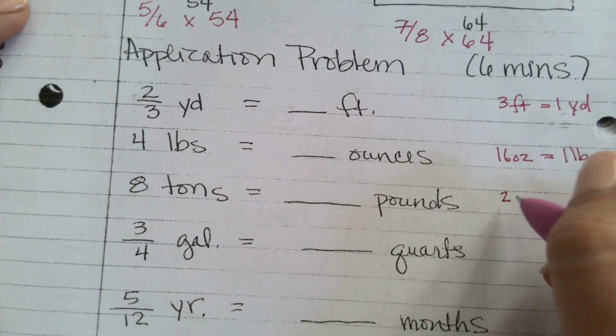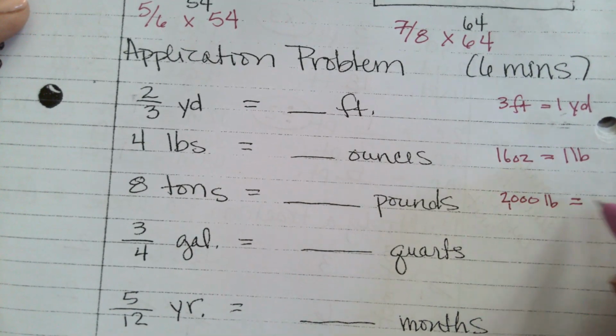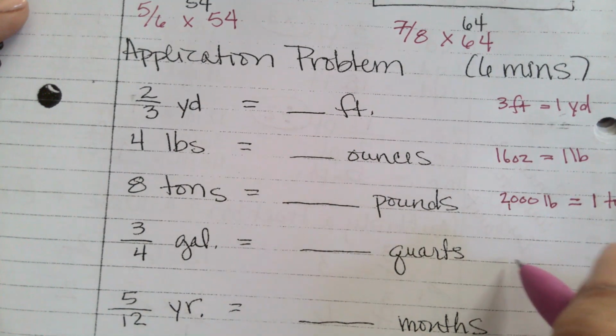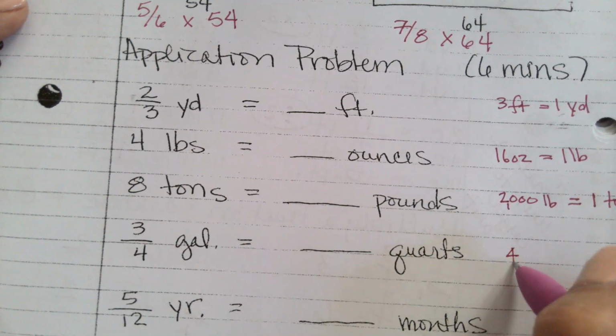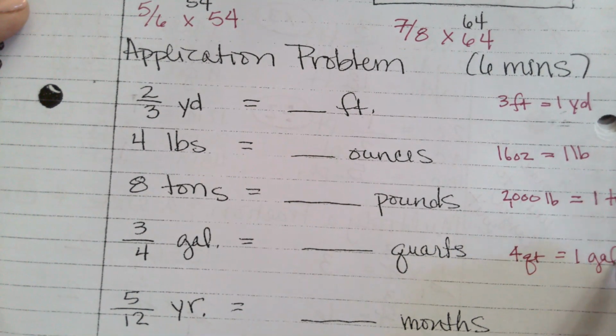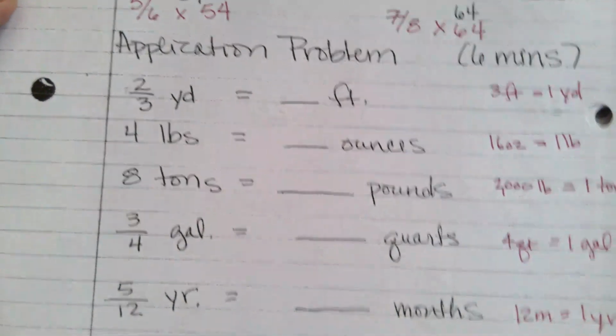There are 2,000 pounds in 1 ton. How many quarts in a gallon? 4 quarts in 1 gallon. How many months in a year? 12 months in 1 year, right?